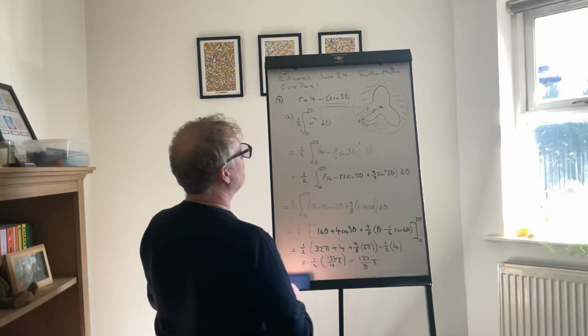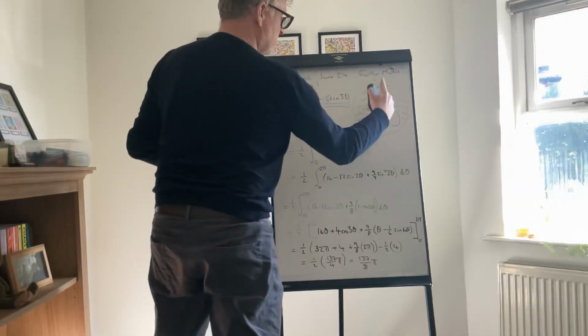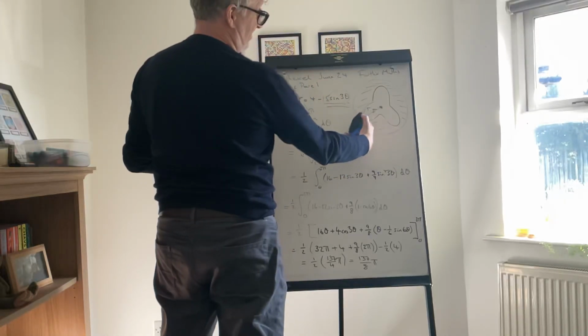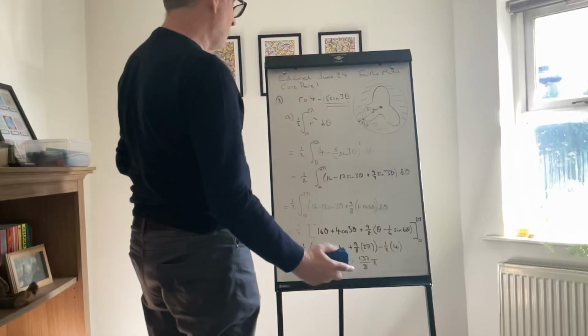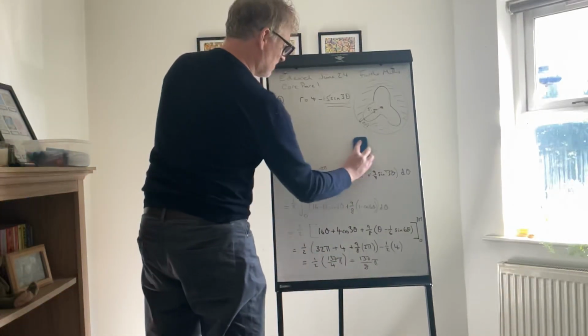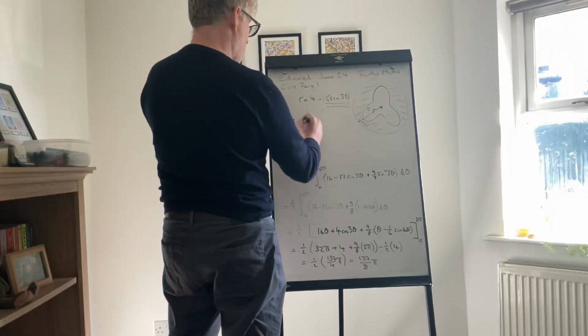That's the area of the pool. So now we're just going to do the area of the circle, which is good old pi r squared, so pi times 6 squared, which is 36 pi.